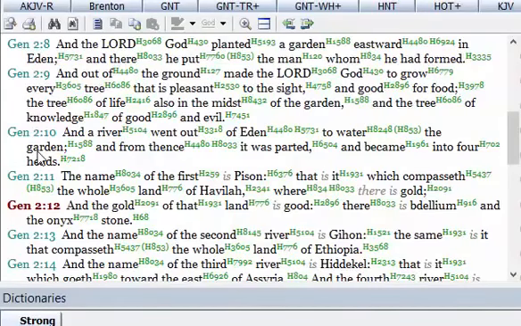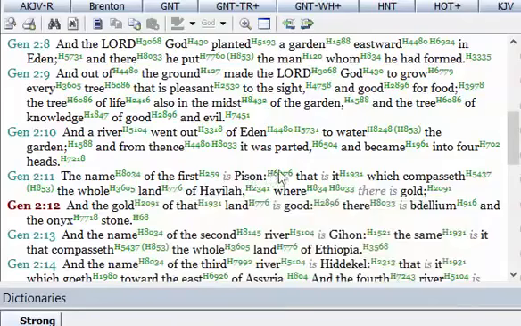So this particular river went out of Eden to water that particular garden. So there was a particular river that ran down. We're going to find out what that river is that watered that particular garden that the Lord had set up for man to dwell in and to sustain him.